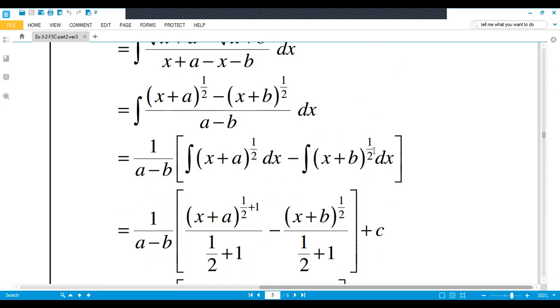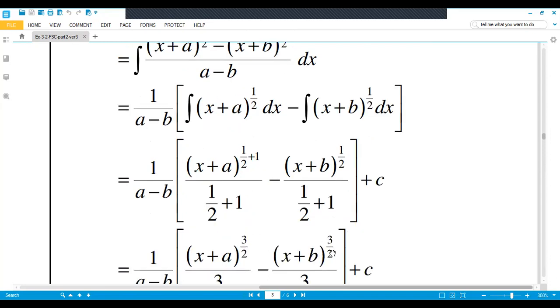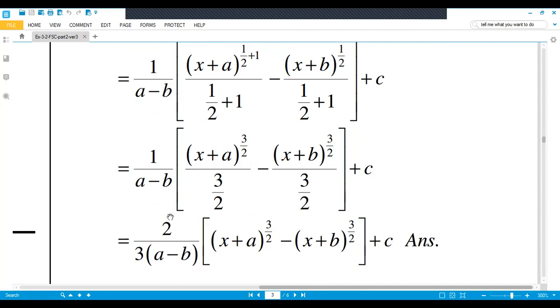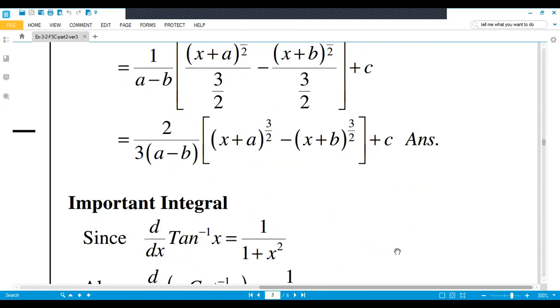Here again, power 1 will be added, 1 over 2 plus 1. By mistake, the 1 is not written, so you write it, 1 plus 1. So that is 3 over 2, and here 3 over 2. So 2 over 3 will come in the coefficient, and you take it common. So 2 over 3 times x plus a to the power 3 over 2 minus x plus b to the power 3 over 2 plus c. So this is the required answer.